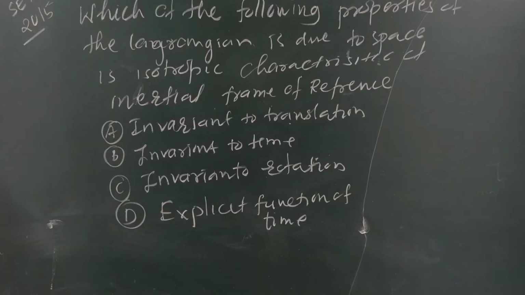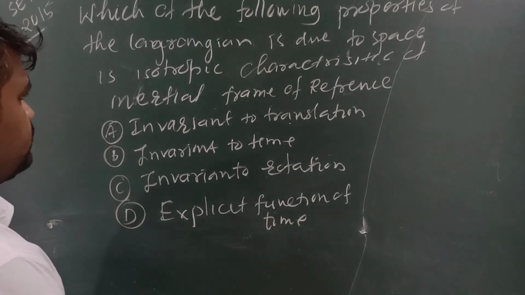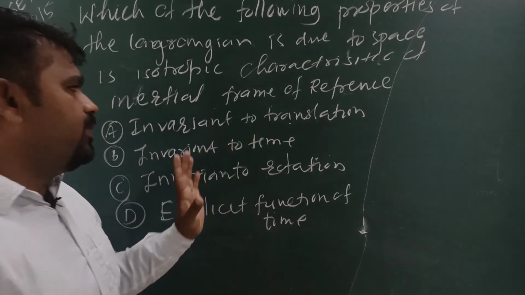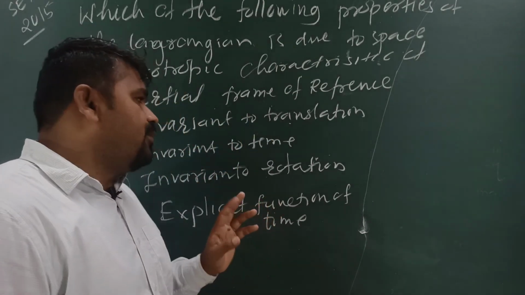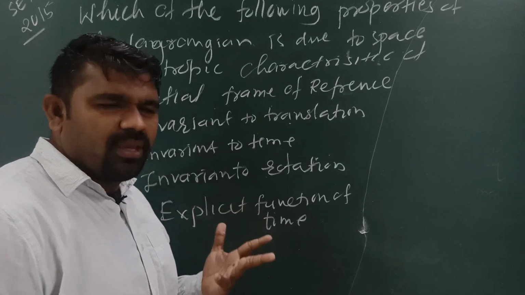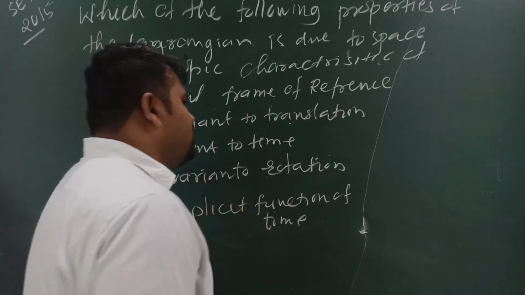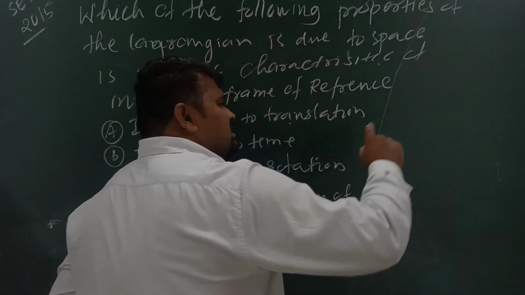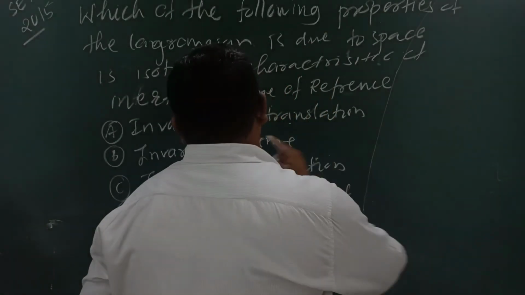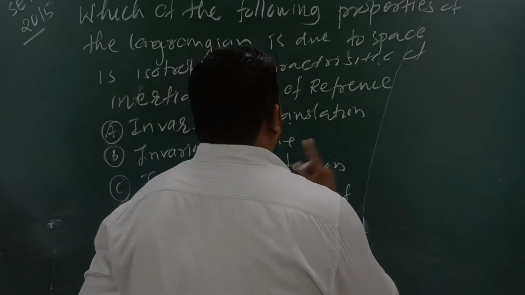Next problem. Which of the following properties of the Lagrangian is due to space's isotropic characteristics in an inertial frame of reference? Invariant to translation means the space is homogeneous.